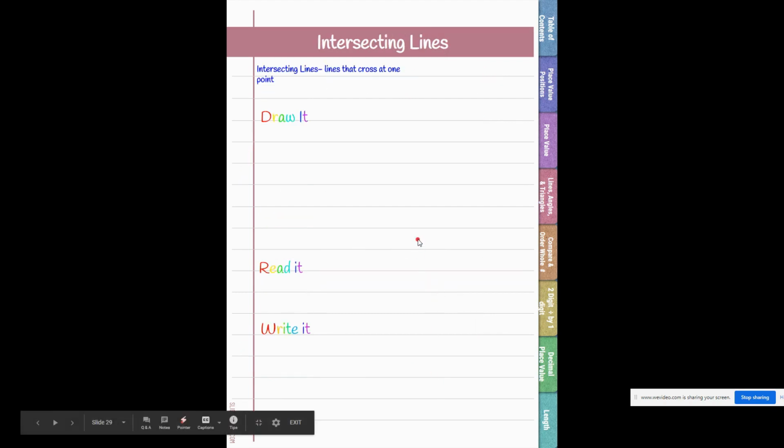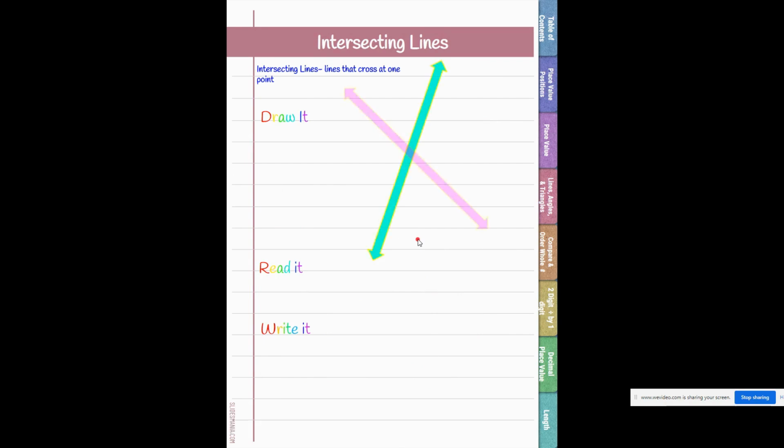Intersecting lines are lines that cross at one point. So for example, we take these two lines and we have them intersect here at this point, Z. Let's call this line IK, and we can intersect it with this line called JL.